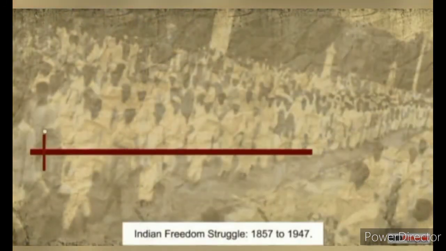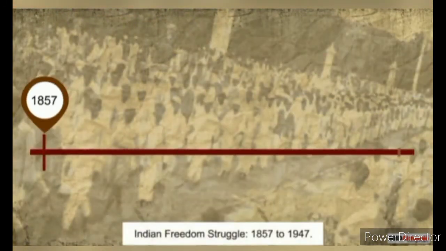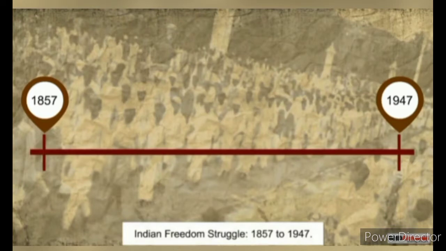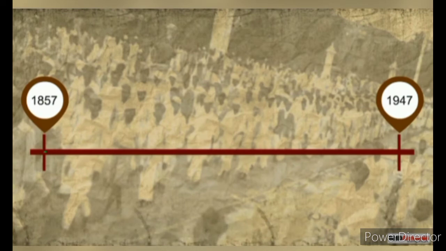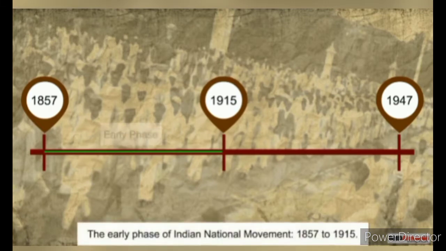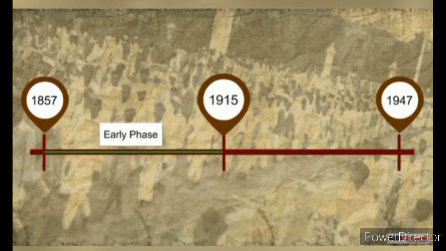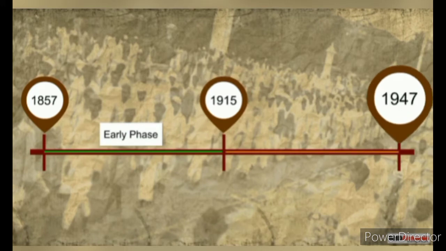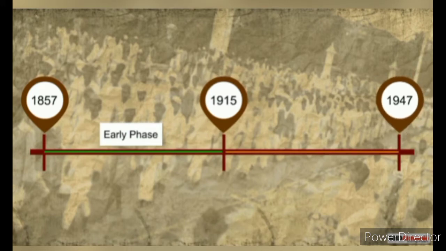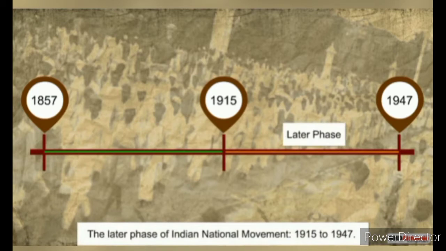This period from 1857 to 1947 can be divided into two parts. The period from 1857 to 1915 can be termed as the early phase of Indian national movement, whereas the period from 1915 to 1947 can be understood as the later phase of Indian national movement.